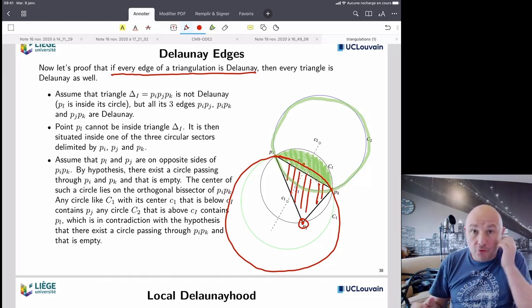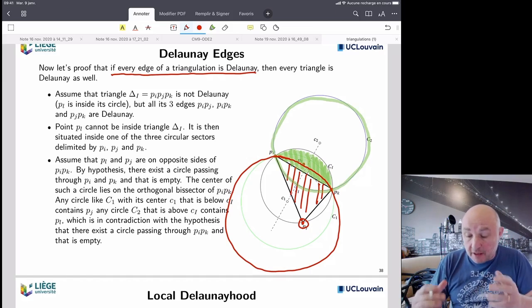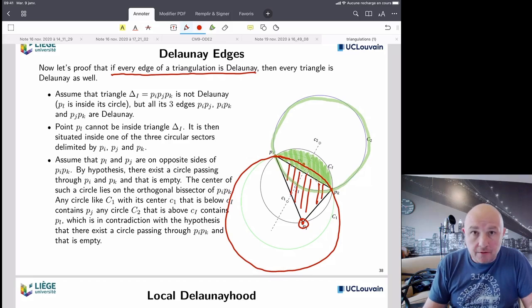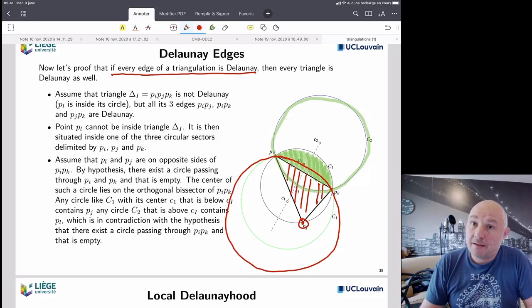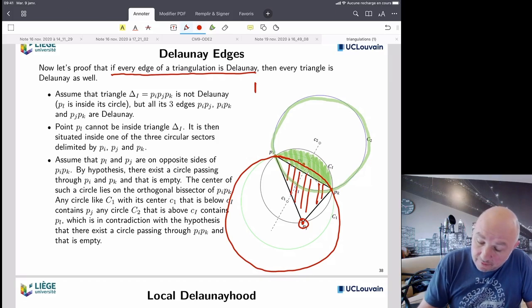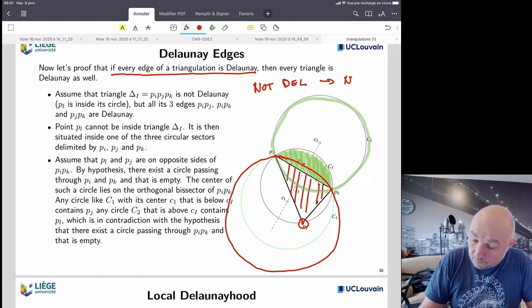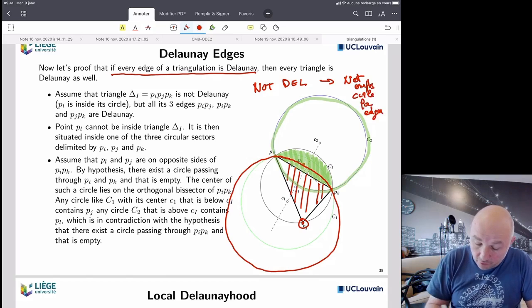I just proved to you that it's impossible to find a circle corresponding to its edges if the triangle is not Delaunay. So if it's not Delaunay, there is no empty circle for the edges.